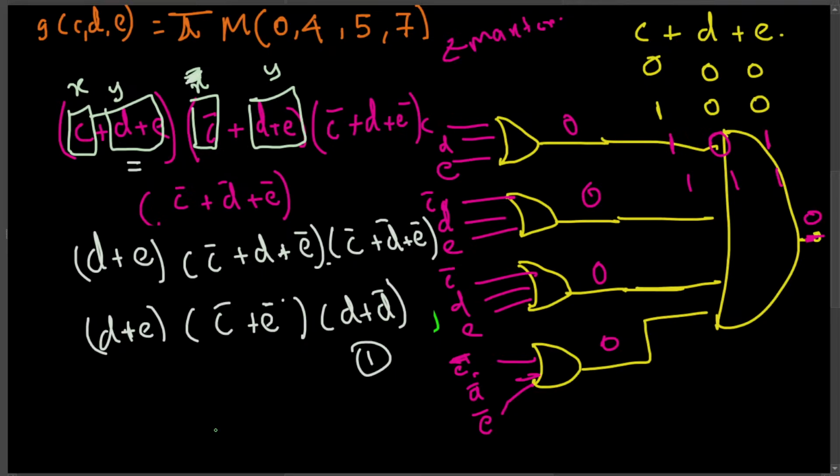So we can just get rid of this. So the final answer is d plus e, and then c prime plus e prime.